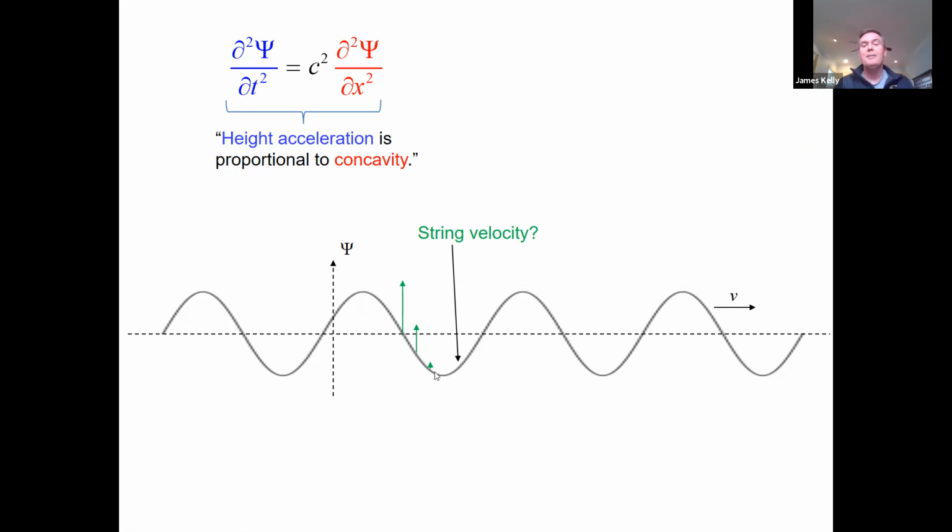Yeah, it looks like it's going down because the part of the string immediately preceding it is a little bit below, and that below spot is going to move over to the right as this whole shape moves to the right. So it's going down again because of the shallow slope there. I drew this as a small arrow going down. Here, not surprisingly, it's still going down, but it's larger. And then it gets a little bit smaller as the slope gets smaller up here, and so on.